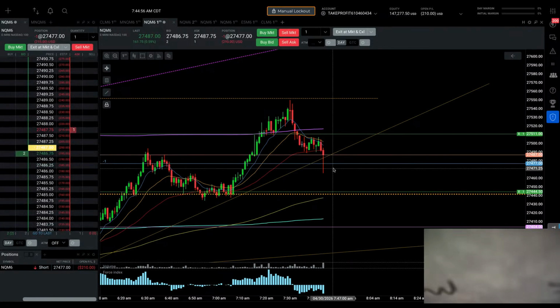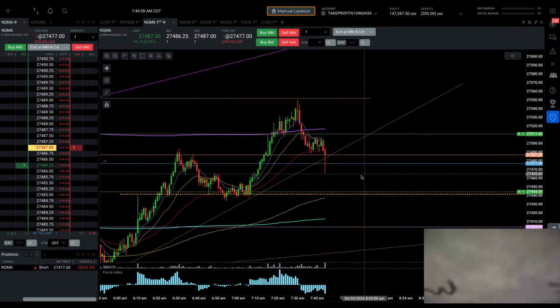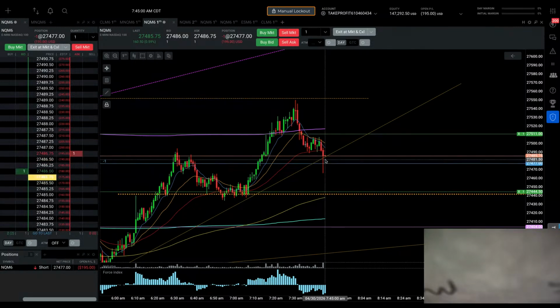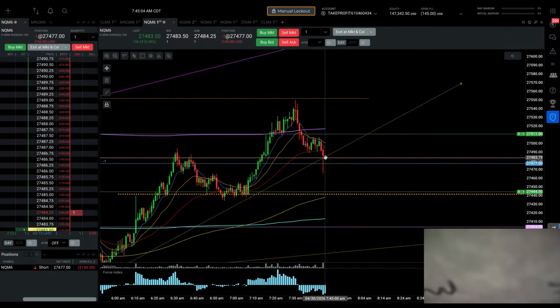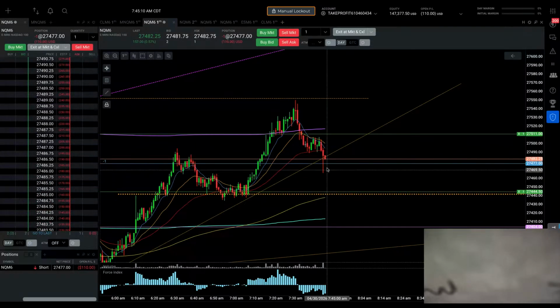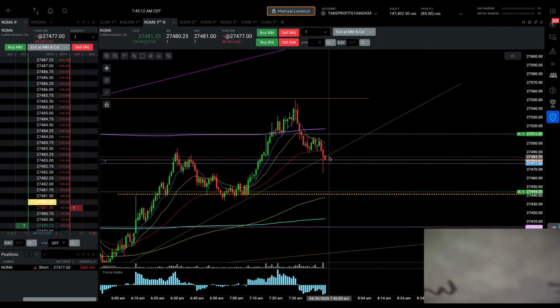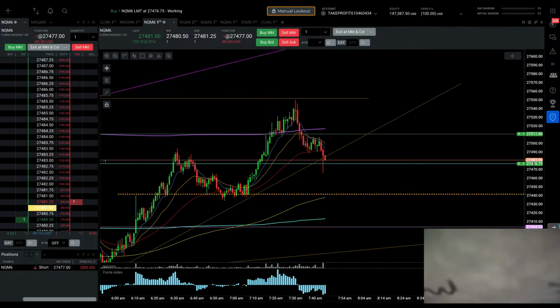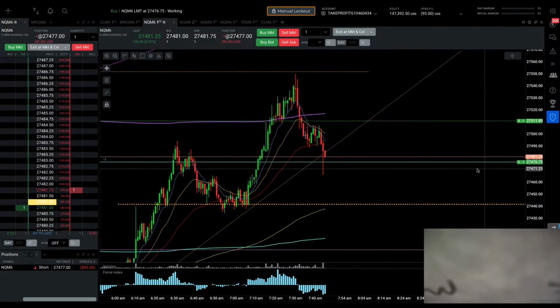I was hoping it would just flush out real quick. But when it's doing this, what you really want to do is wait for price to get here, come down, maybe wait 2 or 3 candles since it's not flushing right away, and wait for it to really reject here. So I'm going to try to get out of this thing, because I wanted it to keep flushing really fast. It didn't do that.